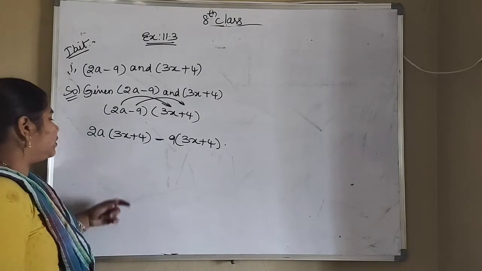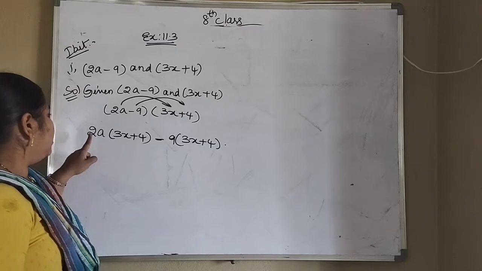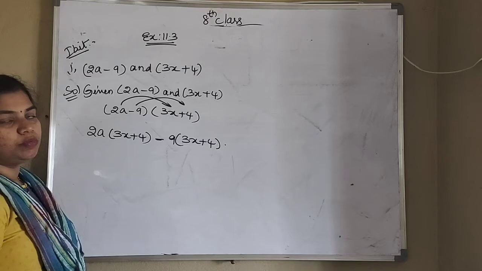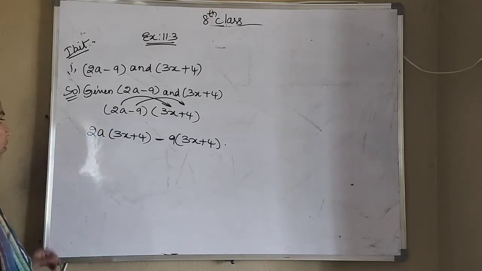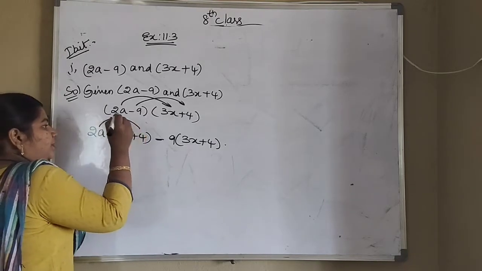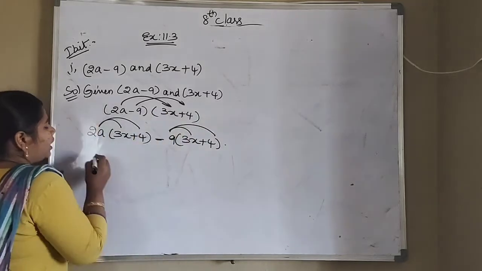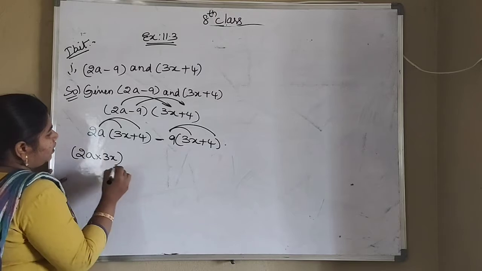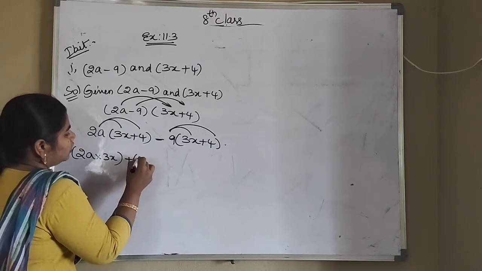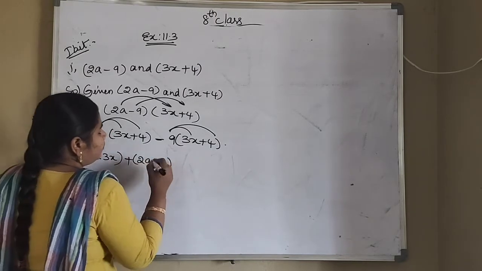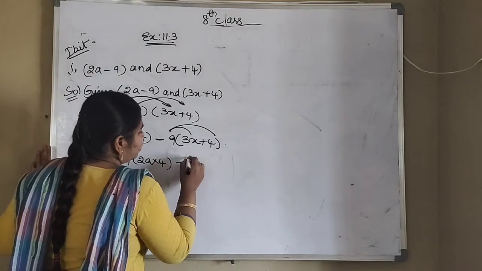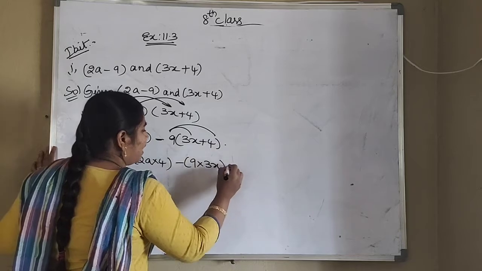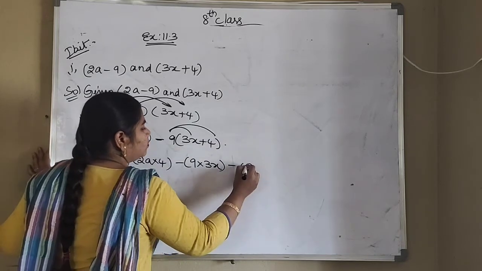Now this has been converted from binomial with binomial to monomial with binomial. So already you know how to multiply monomial with binomial. Multiply each and every term here. So that will be 2a into 3x, plus 2a into 4, minus 9 into 3x, minus 9 into 4.